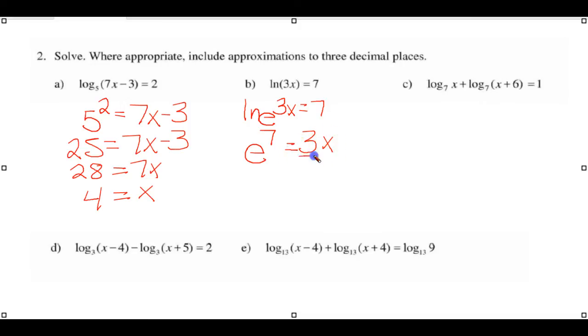What does x equal? Well, we just divide both sides by 3, and we get x equals this. And I'll just save myself some room by saying that. Now, that's the exact answer. If you put that into your calculator, you get x equals 365.544.